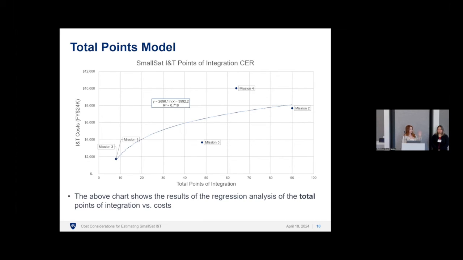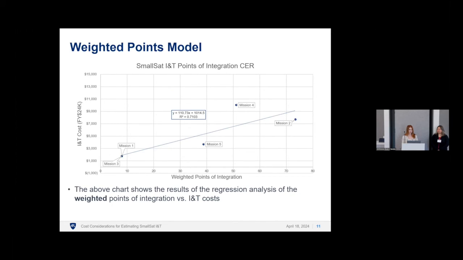You can see here mission 4 and 5 aren't represented as well as missions 1, 2, and 3. We thought this might be because the previous work was an internal APL model, so we had more insight into the cost, compared to these, which are all various NASA missions from different organizations. And while Cadre has a good amount of cost data, sometimes we don't get the same breakout that you would see for internal builds.